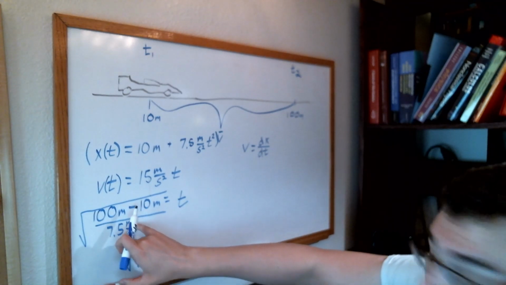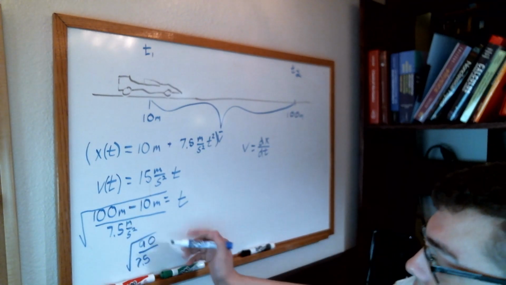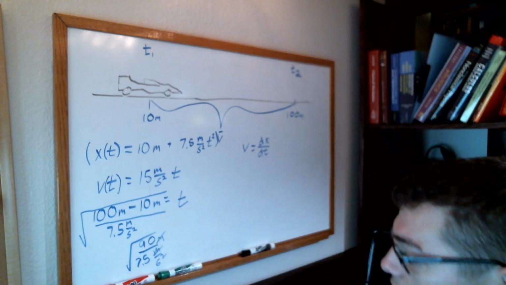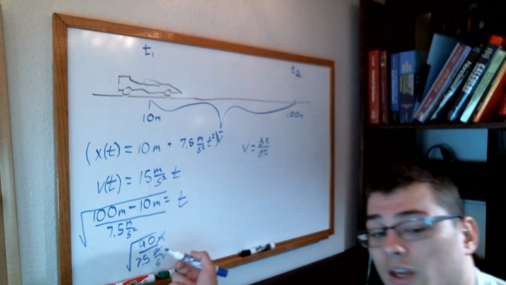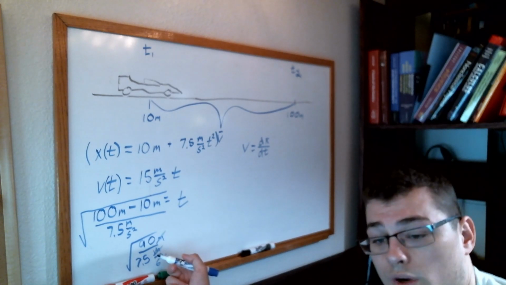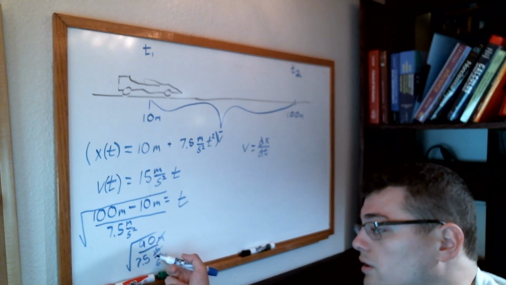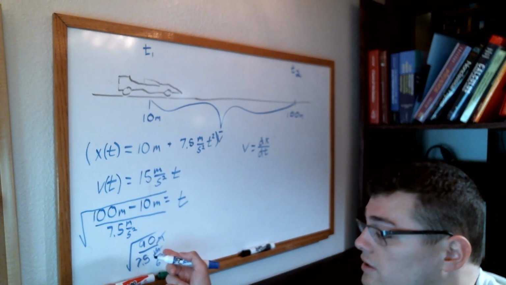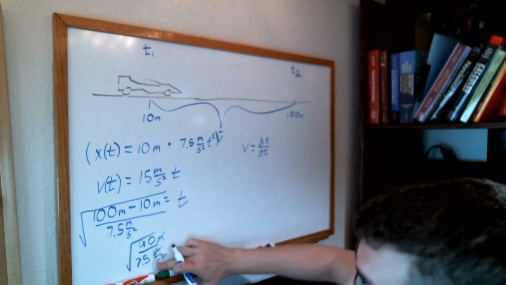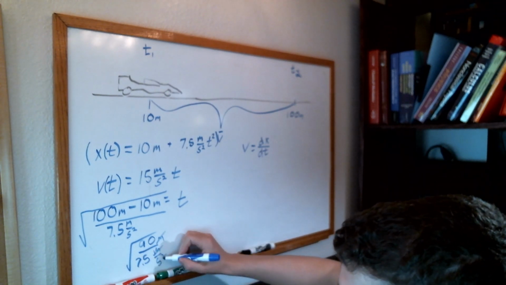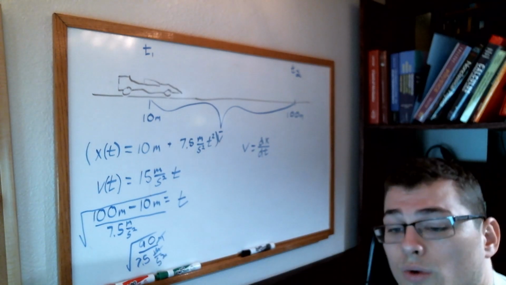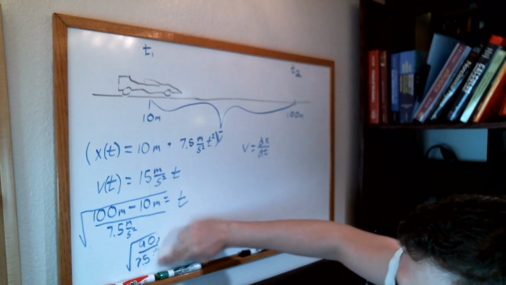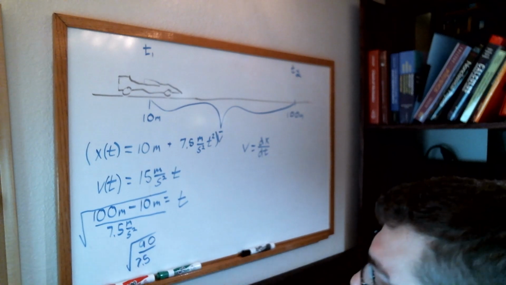The meters here cancel with the meters here, so now we have 1 over second squared on the bottom, and we can re-invert that and bring the second squared up to the top. Since this is just multiplied, we can take the square root of second squared, which just gives us seconds. So we know that this quantity is correct because time is measured in seconds.